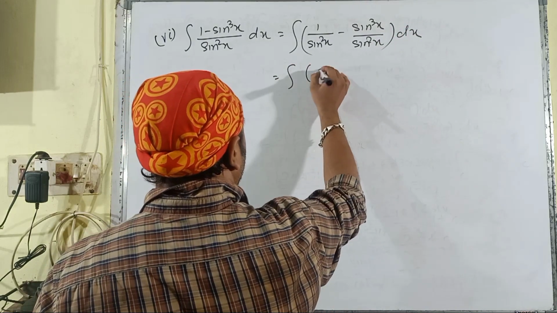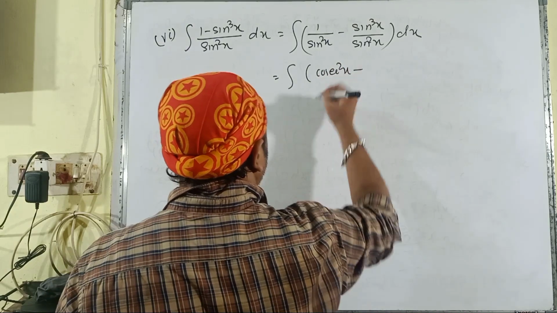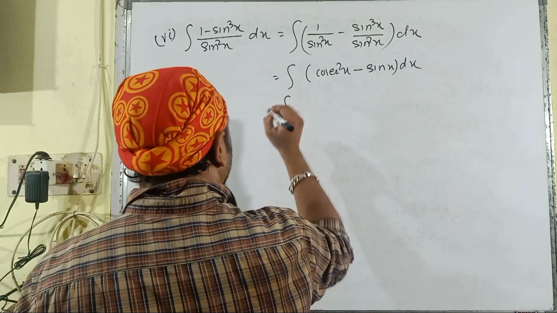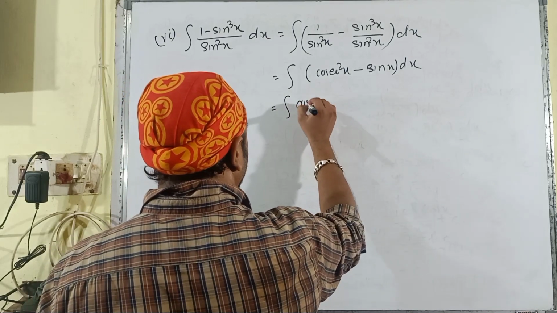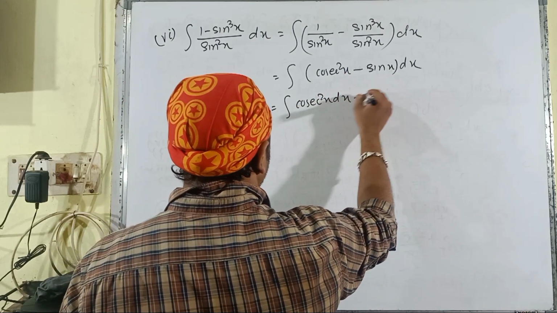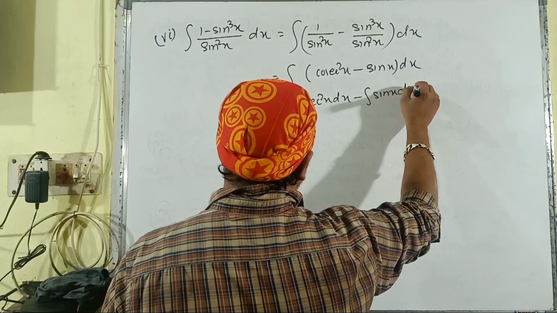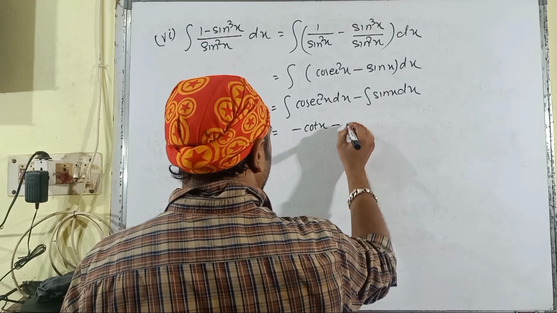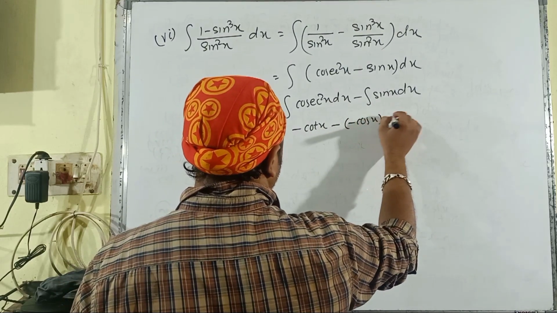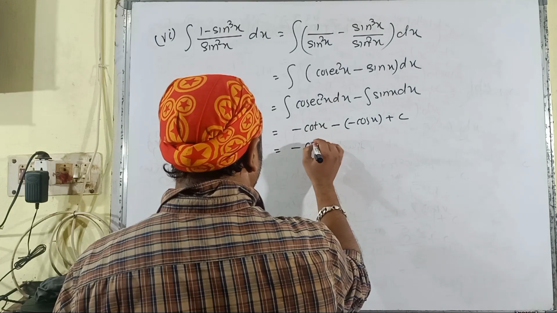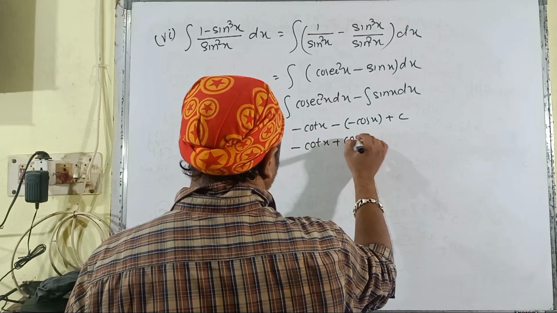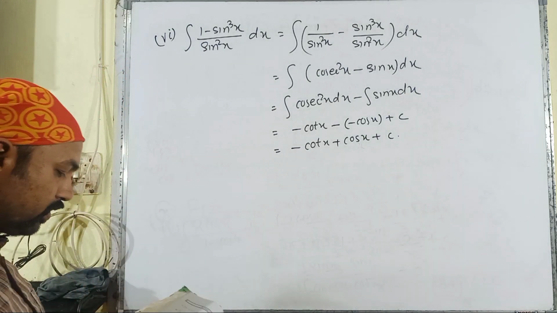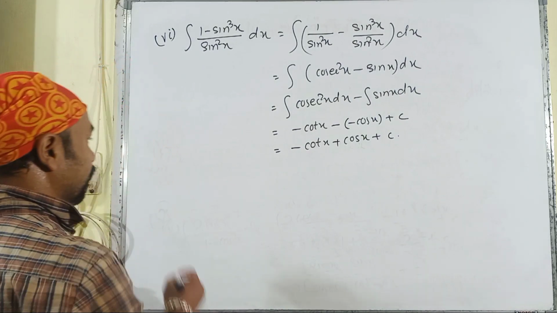Integral of cosec square x minus sin x dx. Then by applying the algebra of integration, integral of cosec square x dx minus integral of sin x dx, then it is minus cot x minus integral of sin x, it is minus cos x plus any constant c. So it will be minus cot x plus cos x plus any constant c, which is the solution for the sixth bit.